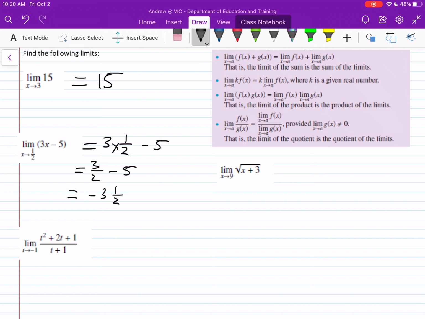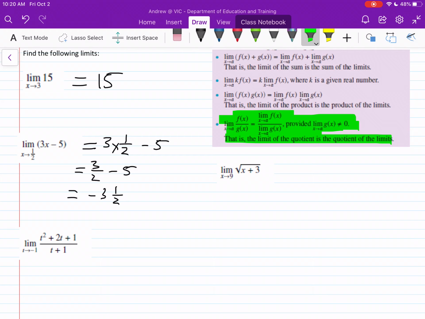Now the one below it is actually a tricky one. This is where we've got two limits on each other, a quotient, so we can work them out on the top or bottom. But the bottom one can't equal 0. If we substitute negative 1 into the denominator, negative 1 plus 1, that's equal to 0.